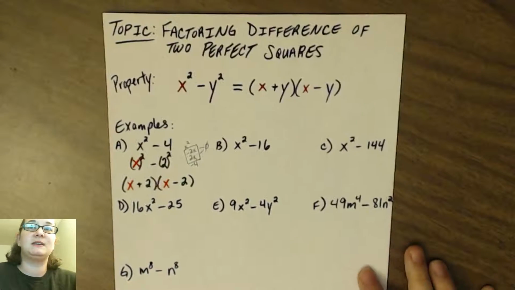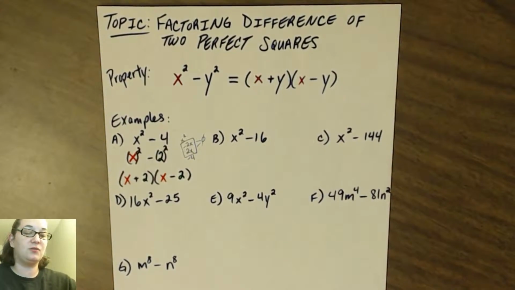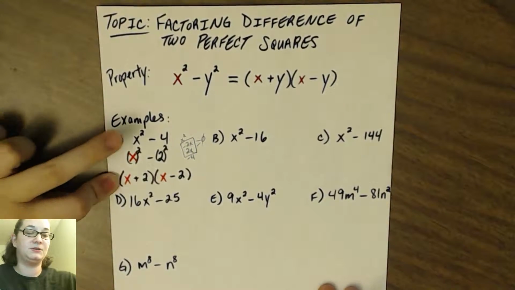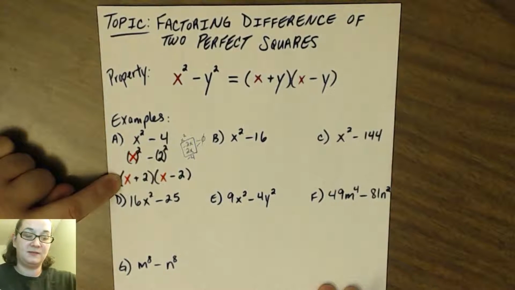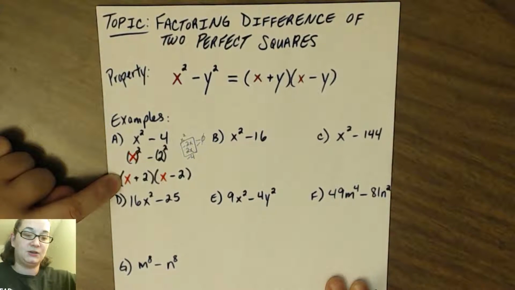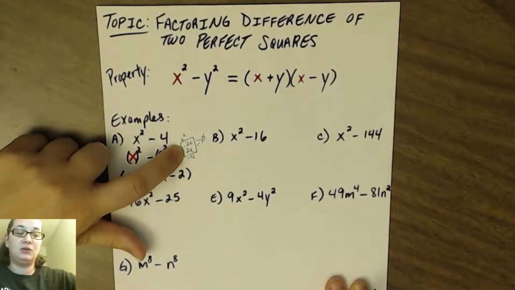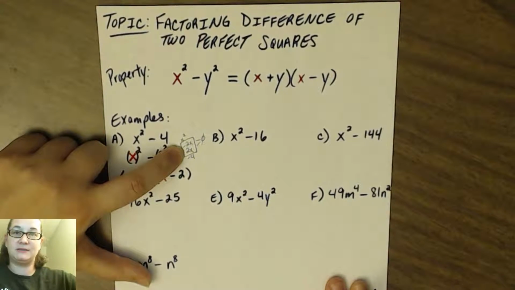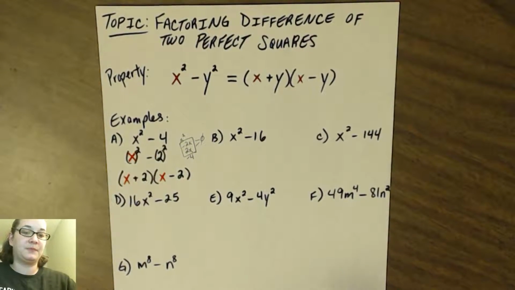So one of the best things if you're struggling on the difference of two perfect squares is to go from the factored form to distributing it out or foiling it out and getting this form. You will see every single time that those middle terms cancel out, so it will help you realize when you're trying to factor what's really happening.